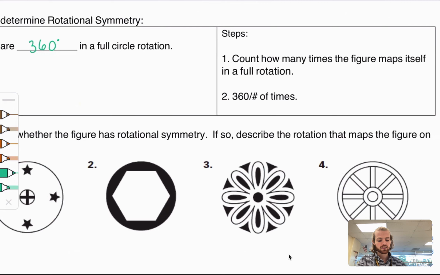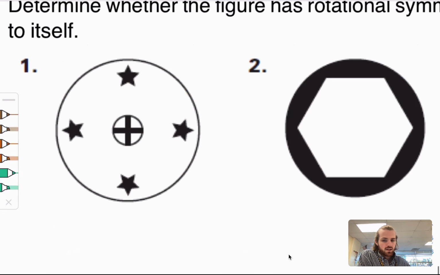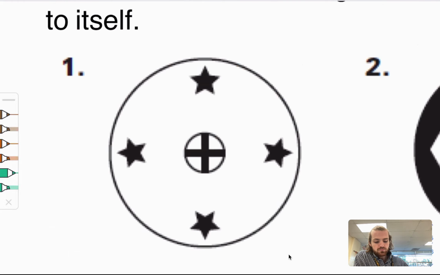So, looking at example 1 for rotational symmetry, we see this circle with some stars and a plus. See how if I took this shape here, if I spin it this way, it would look the same, right? Or I could spin it another section, or another section, or another section.